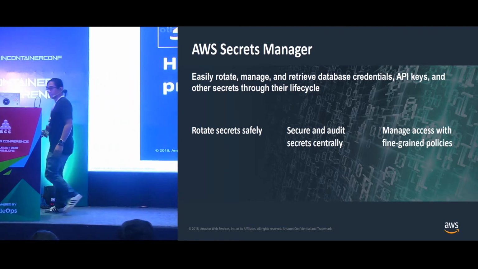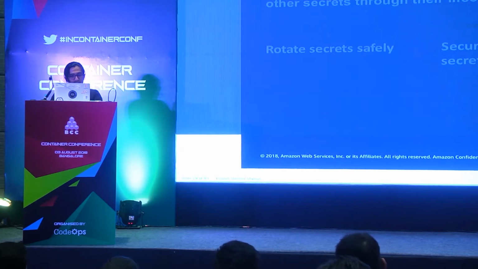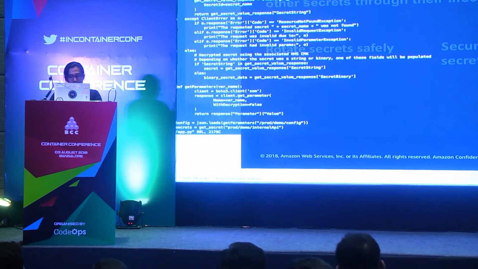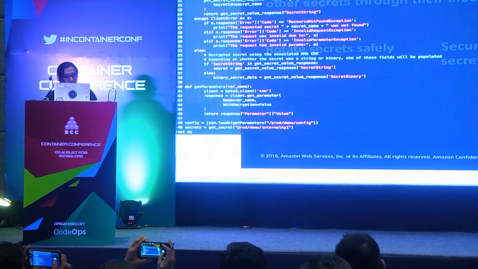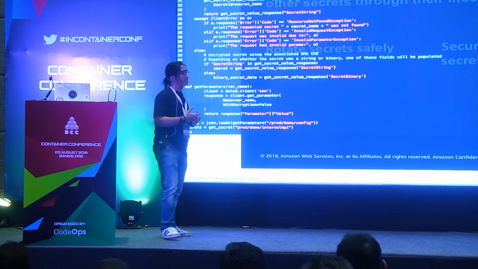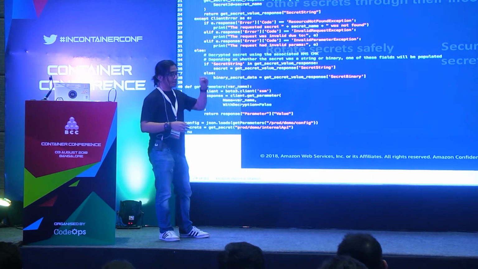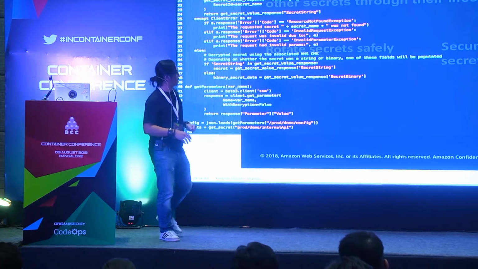I'm going to show you how to build this: the CI/CD, Secrets Manager, and also Parameter Store. I have this simple app. Can you see it? This is a simple web app, like a Hello World, but taking the configuration from Parameter Store and also Secrets Manager.